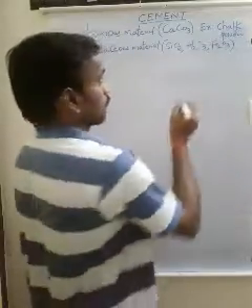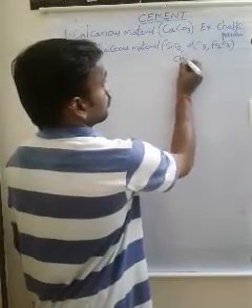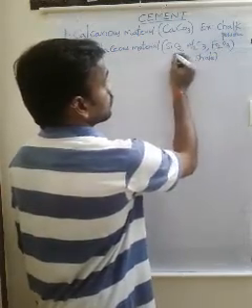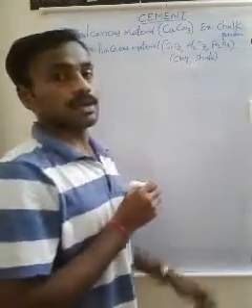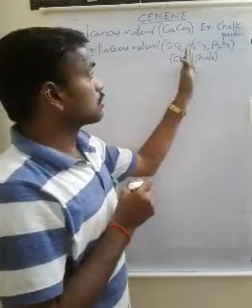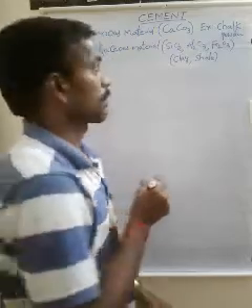Examples are clay and shale. Here clay and shale are made by argillaceous materials: silica, alumina and iron oxide.